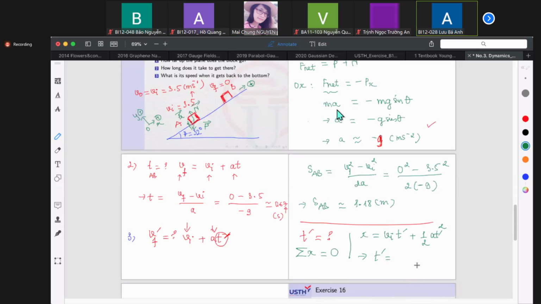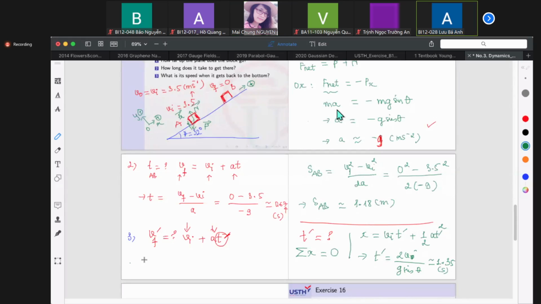After the solution, I have T prime is 1.35, approximately 1.35 second. Okay.